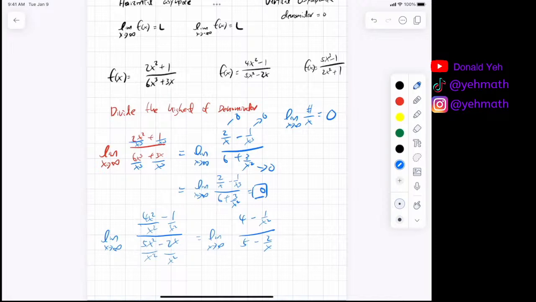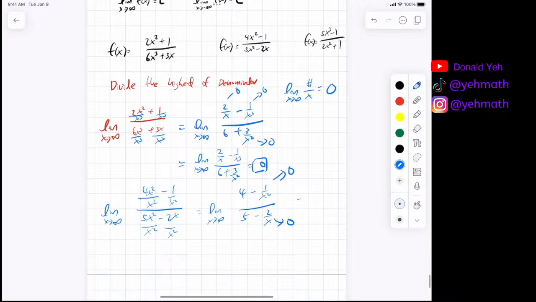Now, as you see, what is this going to if we reach infinity? 0. This part is going to go 0. So the answer is 4 over 5. And that's why you know it's 4 over 5. Now, I'm explaining you a reason, Jared. You might just remember it. Just take a ratio. But this is the reason why. And if I divide by highest degree of denominator, I'm not breaking any math.